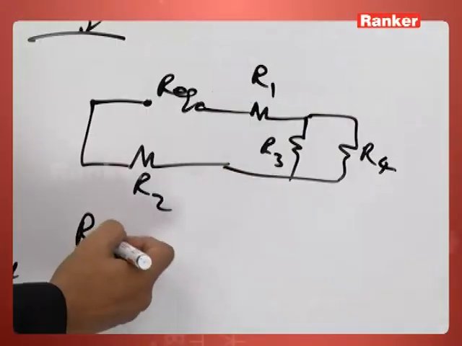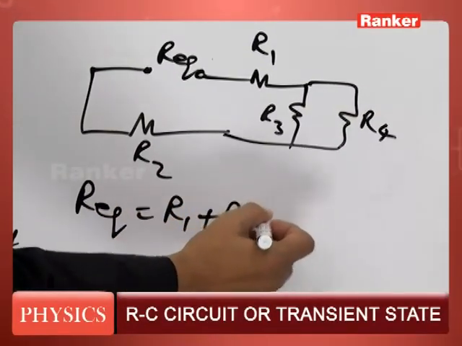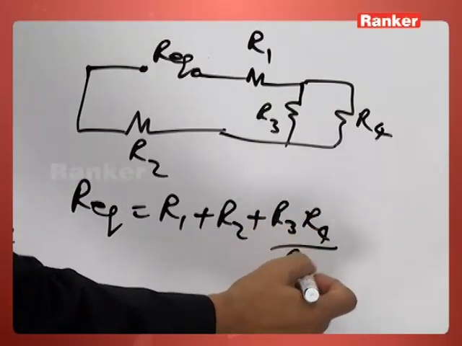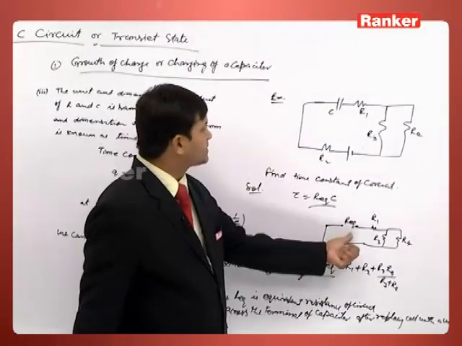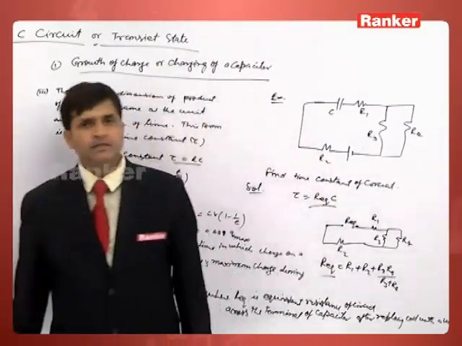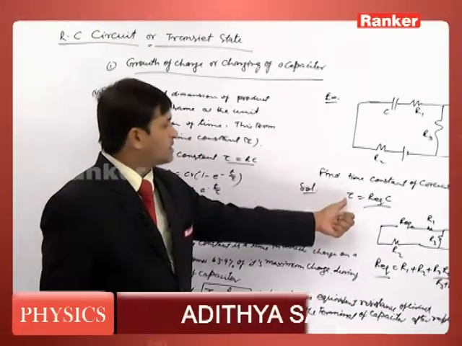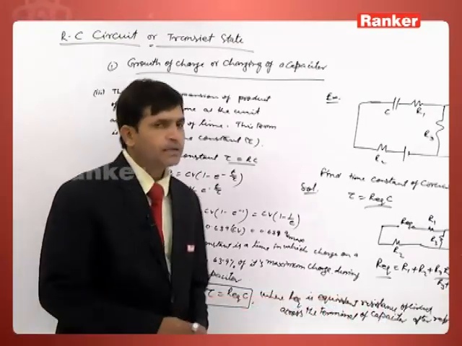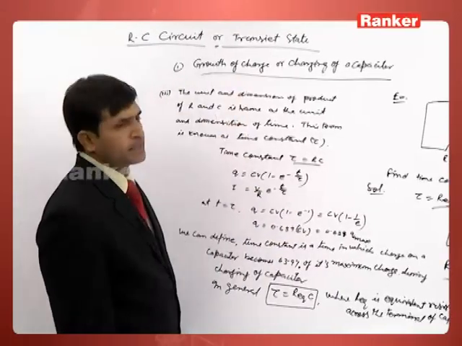So R equivalent will be R1 plus R2 plus R3 R4 by R3 plus R4. Multiply this with the capacitance C, and we get the time constant tau value. So these are some points related to the charging of a capacitor.